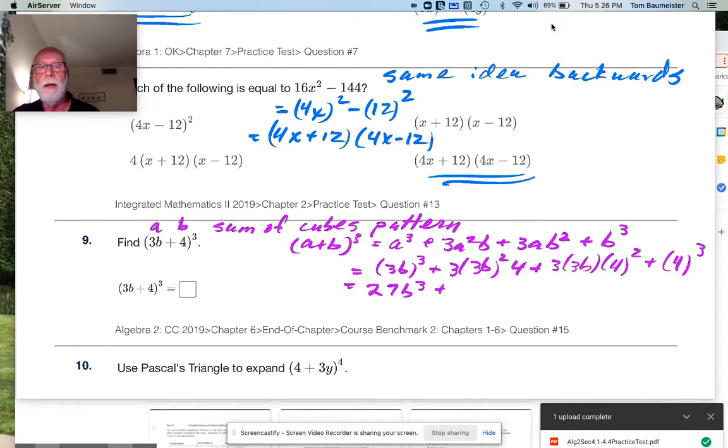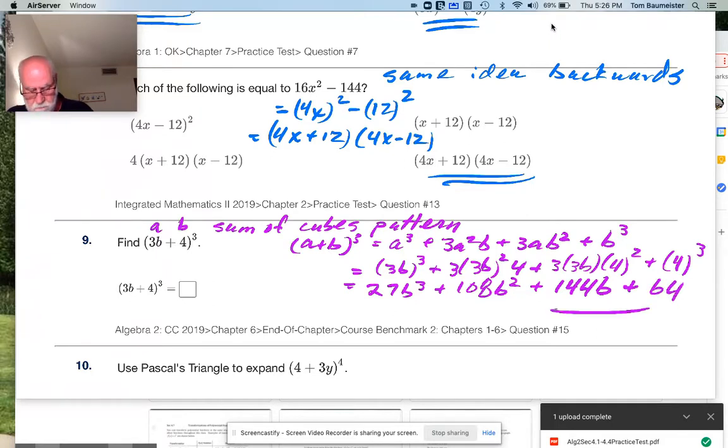My thing is right, I'll have 108b squared plus I'll have 3 times 3 is 9 times 4 times 4 is 16, so 16 times 9, that'll be 4, carry the 5. I should have 144b, and then I know 4 times 4 times 4 is 64. Not too bad for not having written it all the way down, I think.